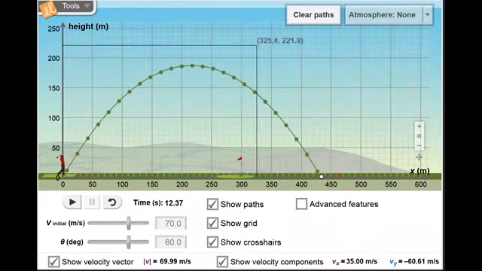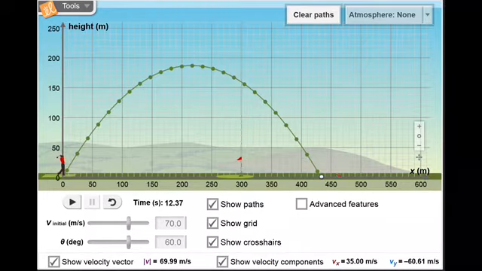The reason is, if you look at the velocity of the object, it has not only an x component but also a y component for its velocity. The red arrow shows the x component of the velocity, and the blue arrow shows the y component of the velocity. Now think about this.